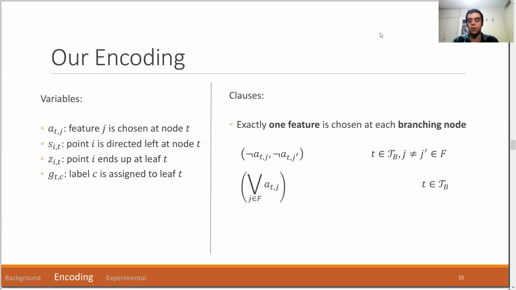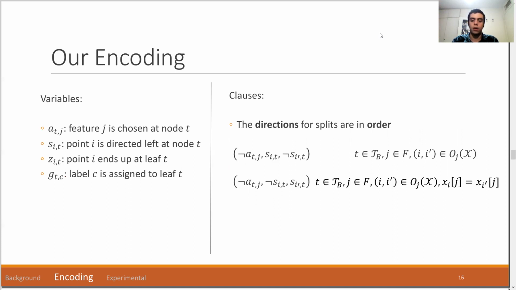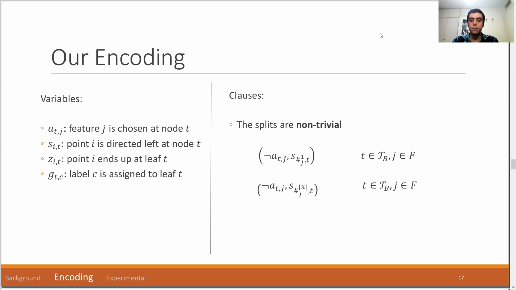So for example, the first set makes sure that only one feature is chosen at each branching node. The second set imposes the order of directions that we discussed. And the third one makes sure that our splits are non-trivial. So we don't want to direct all the points to left or all of them to right. We want to have a split that is meaningful.